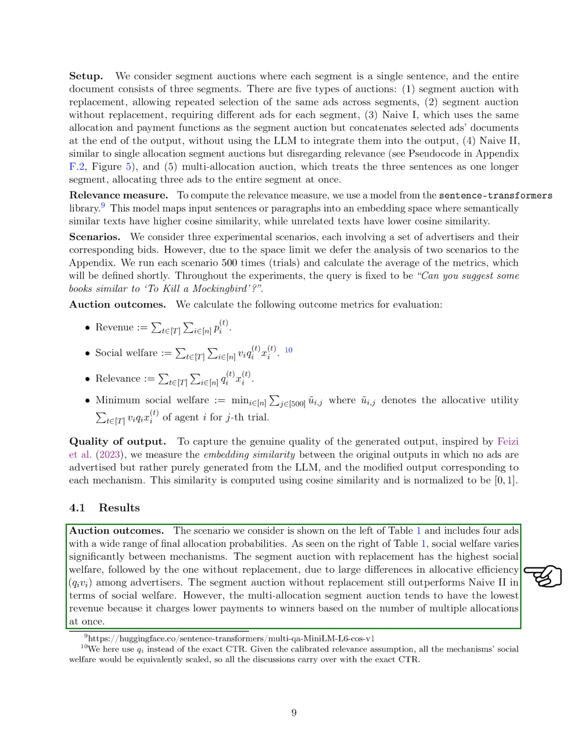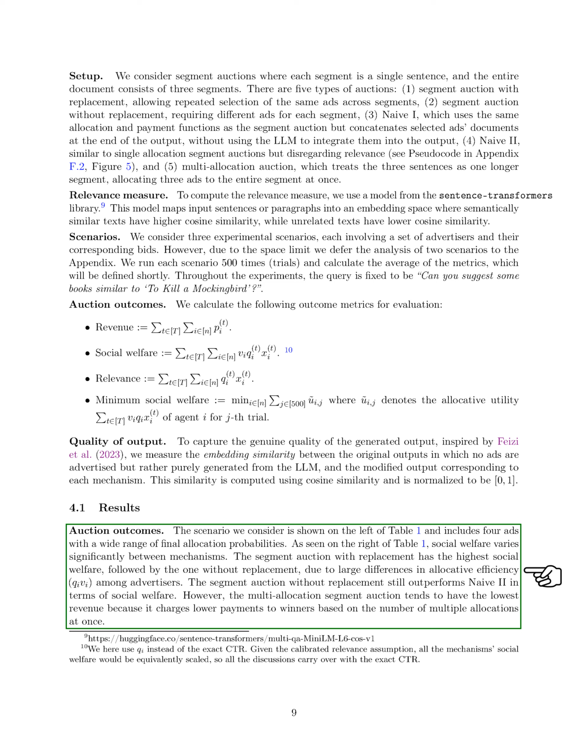Social welfare varies significantly across mechanisms. The segment auction with replacement has the highest social welfare, followed by the one without replacement, due to differences in efficiency among advertisers. The segment auction without replacement still performs better than naive 2 in terms of social welfare.